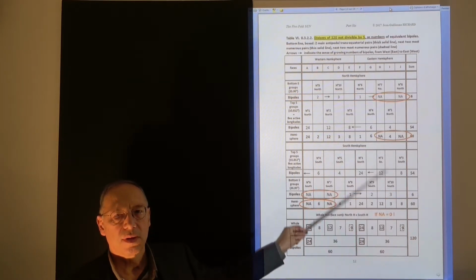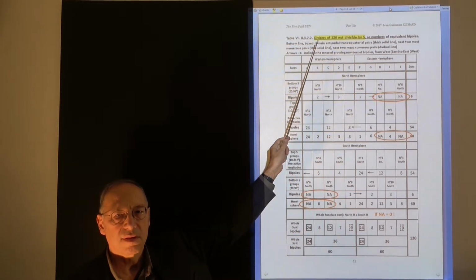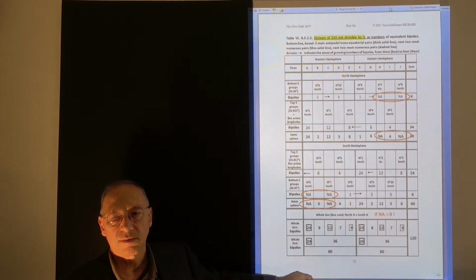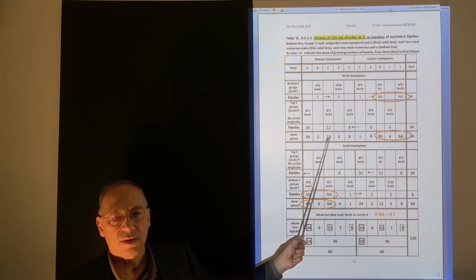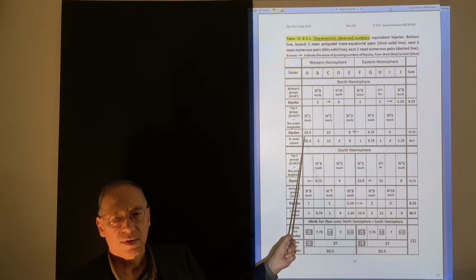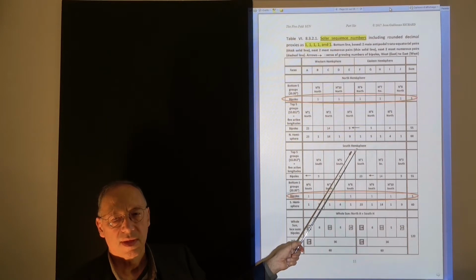Now we show the idealized case with divisors of 120 and 144, in which you see when we had 23.5, I show again the characteristic numbers, 22.5.